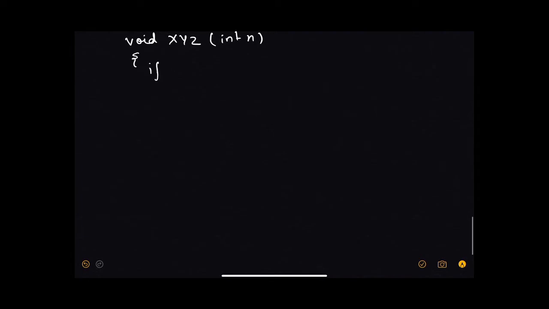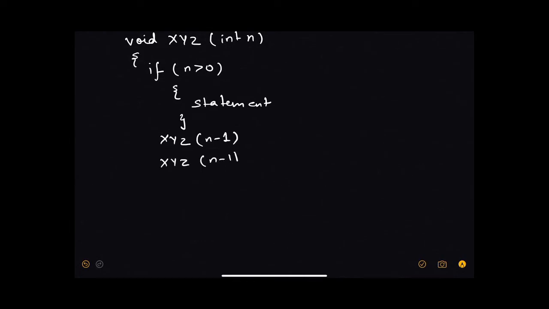I have an if statement where the condition checks that if the value is greater than 0, then some statement is executed. And xyz is called once, and again xyz is called. So in this program, the function is called twice.